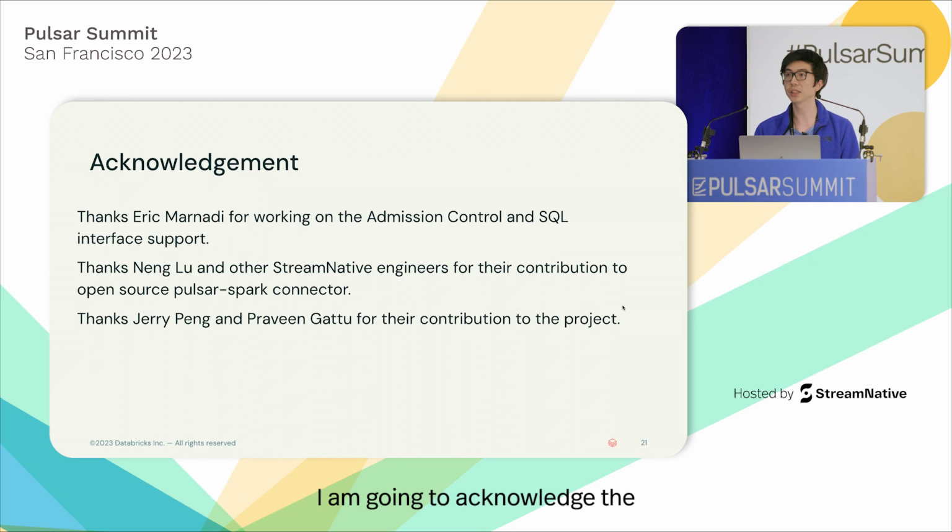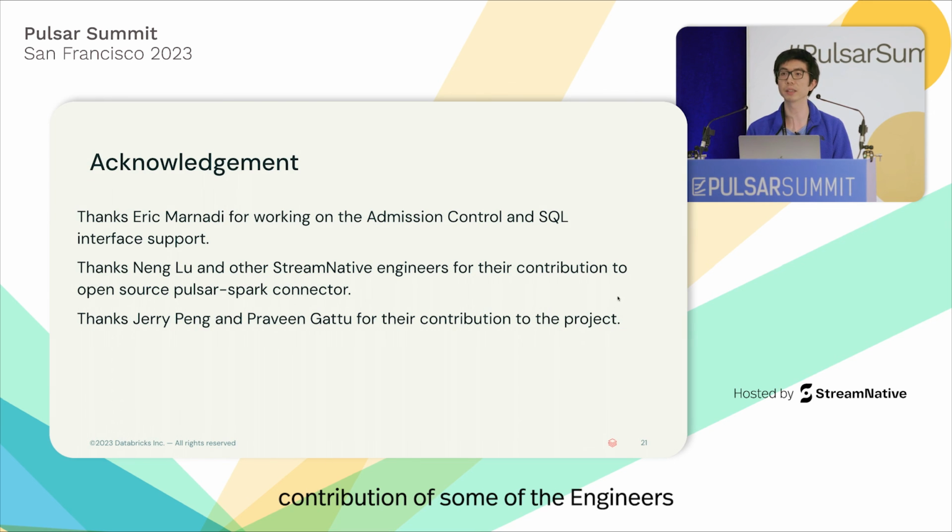I'm going to acknowledge the contribution of some of the engineers that have contributed to this project. Eric on our team worked on the automation control and SQL interface support, and he has been very hardworking to make this project meet the deadline. We also want to thank Nan and other StreamNative engineers for their contribution to building the open source Pulsar-Spark connector, and they have been very helpful.